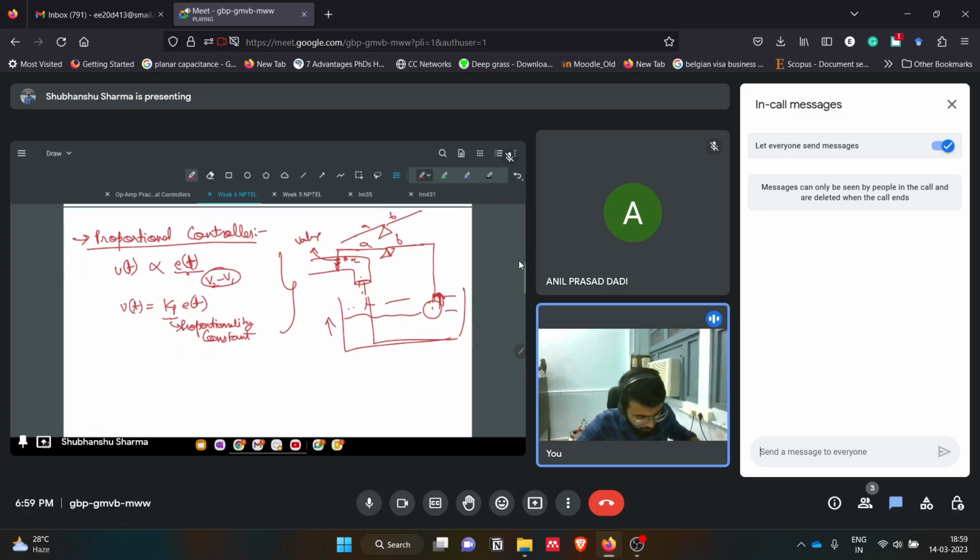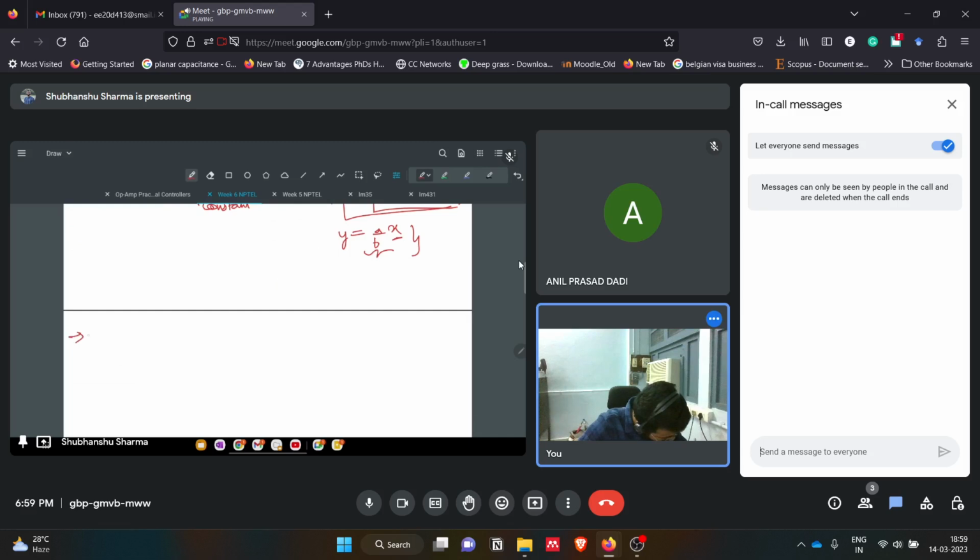So we saw here that the output y is given by a by b times x, where this is the constant and x is the position of the valve inside the tap. So this was an example of a proportional controller. But how will we realize this using an op-amp circuit implementation of the P controller?